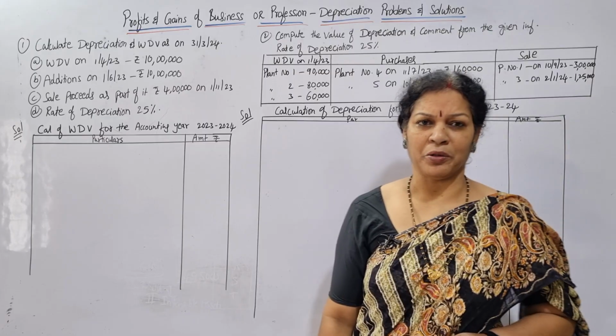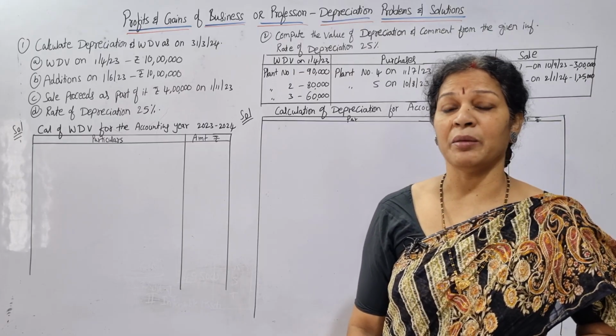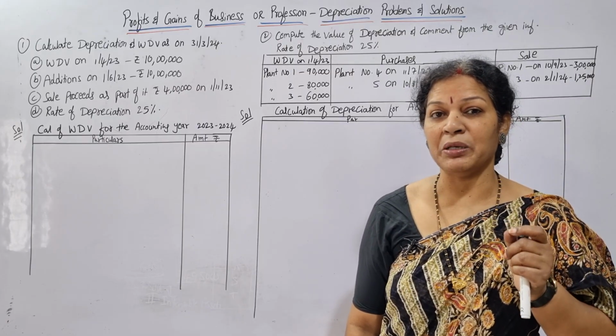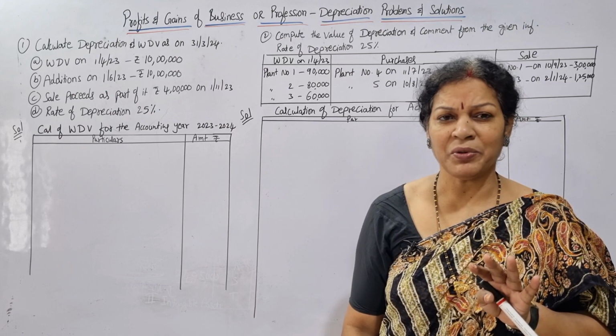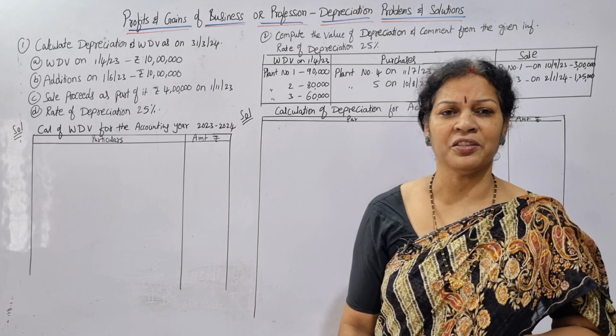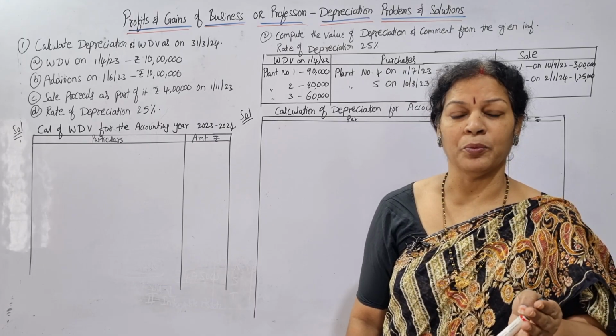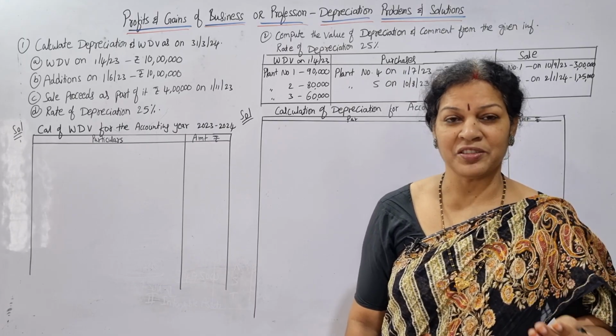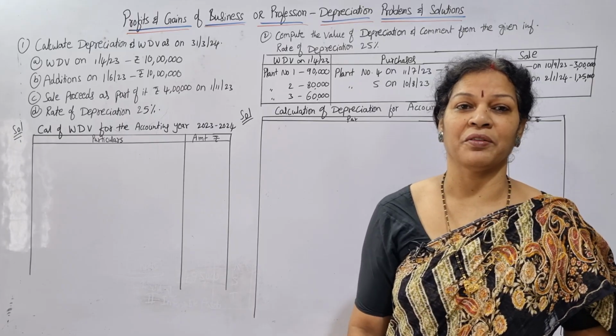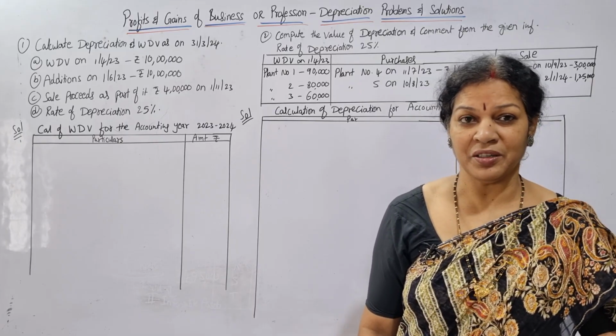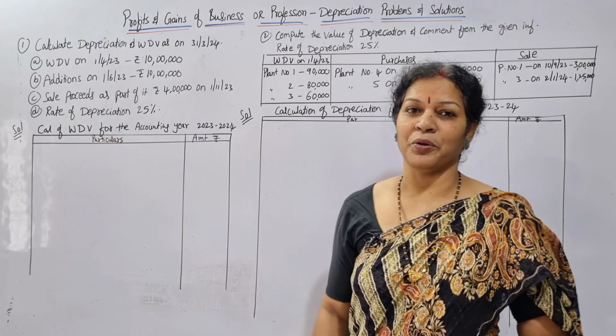I told you the format also, how to calculate the WDV, closing balance of WDV in the last class. What was the format? Just recollect it. We'll start with the opening balance of WDV, add purchases minus sales so that you get closing balance of the WDV. Okay, written down value. Same thing we are going to apply here.